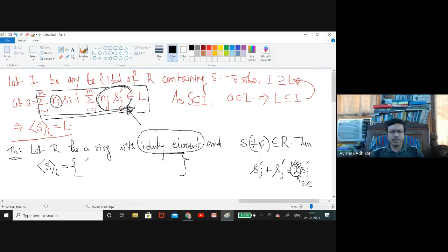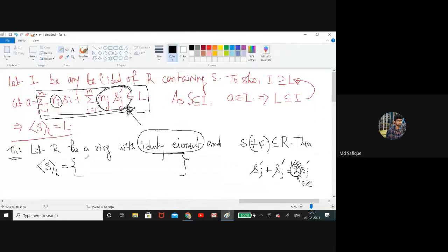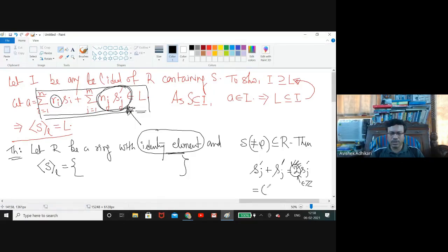Hello, sir. Sir, if we proceed with your example like s j dash plus s j dash equal to 2 s j dash, then we can write down 2 as 2 dot 1, and this 2 dot 1 will belong to R because R is a ring with unit. Yes, very good.